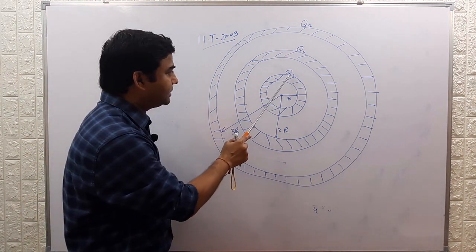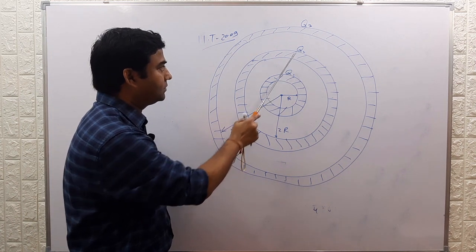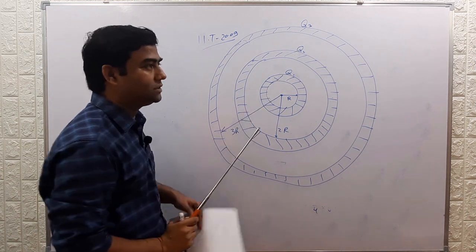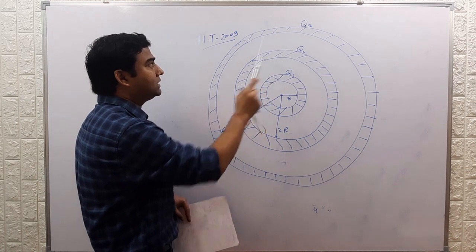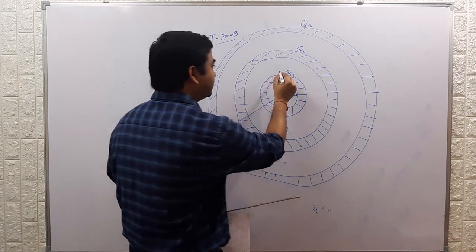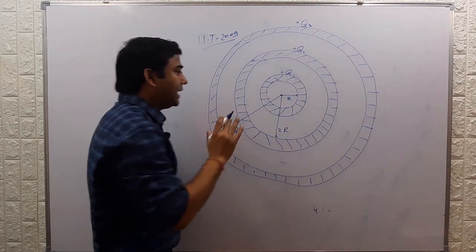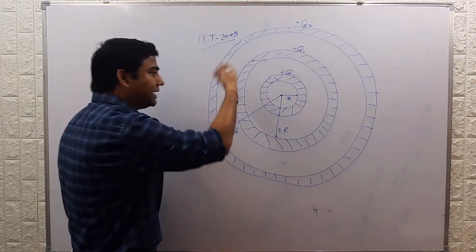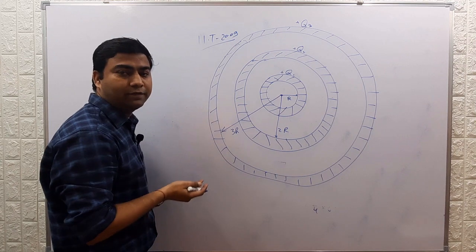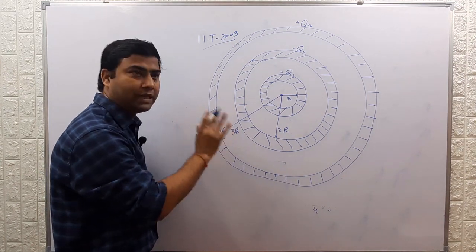Plus q1 charge is given to this sphere, plus q2 charge is given to this sphere, and plus q3 charge is given to the outer sphere. These are all plus charges. It is given that the charge density at the outer surface of each sphere is the same.